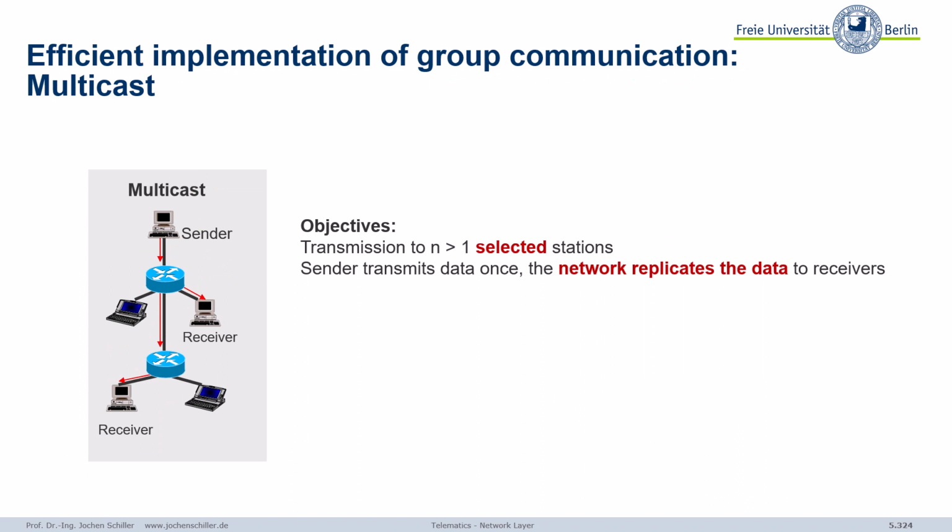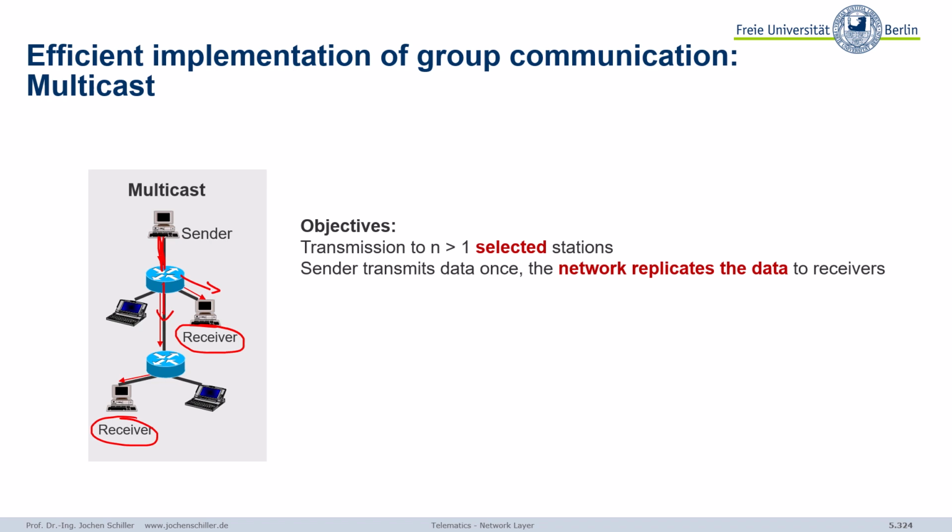The solution is multicast. So multicasting, you transmit only to the receivers that really want to receive something. At the same time, you will not send duplicate packets over the links. You replicate if needed in the routers, but only if needed.